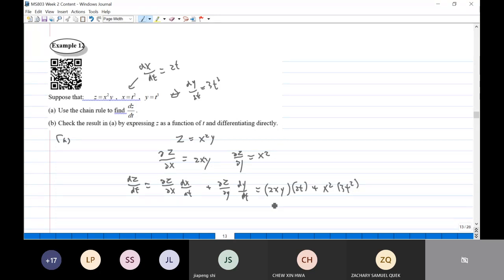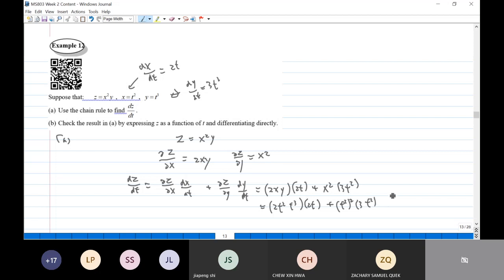So you put x and y back last, so x equals t squared, y equals t cubed. Then 2xy becomes 2t squared times t cubed, times 2t, plus x squared, which is t to the 4, times 3t squared.